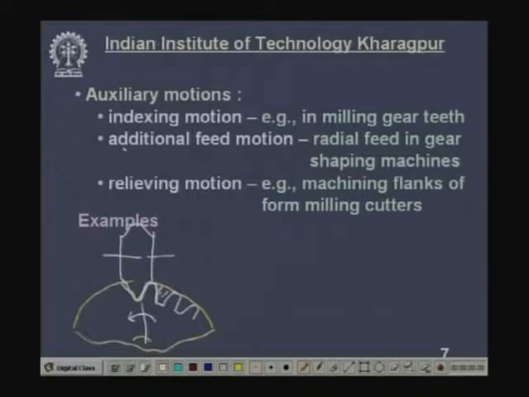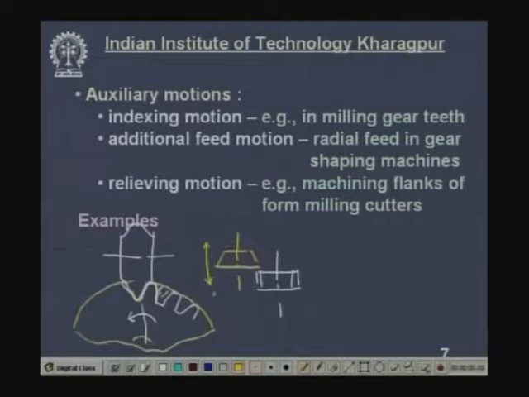Then is say additional feed motion. If you consider the gear shaping process, cutting the gear teeth in a gear shaping machine, this is the gear blank in which teeth have to be cut, and this is the cutter, gear shaping cutter. Now, what are the motions involved? First of all, the cutting motion, the cutter will reciprocate.